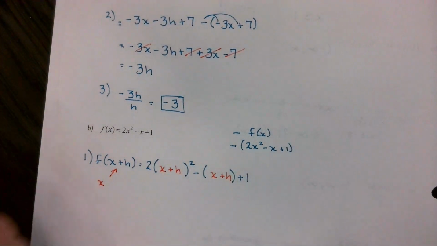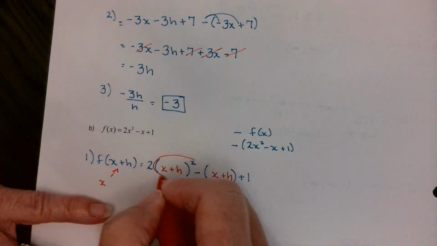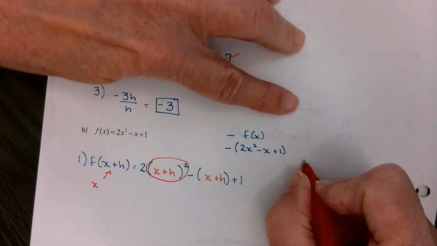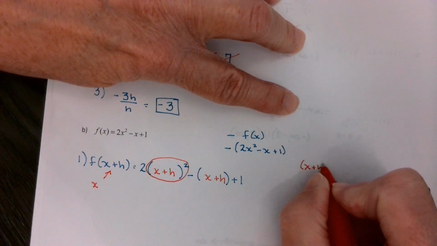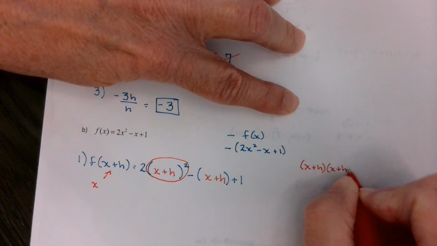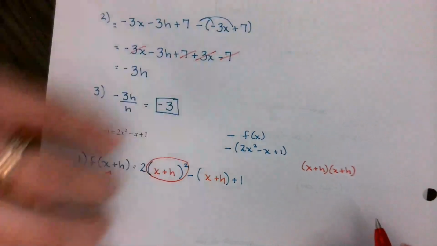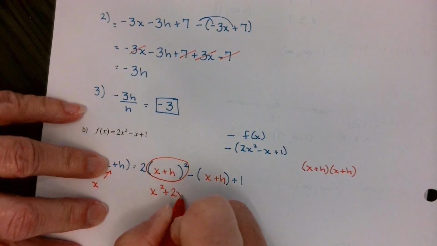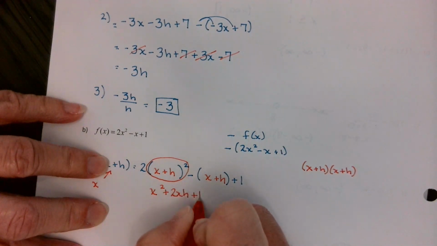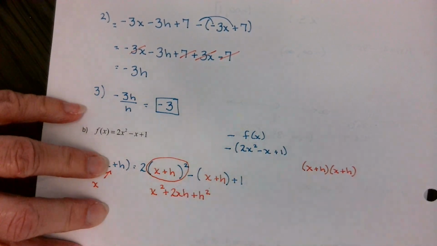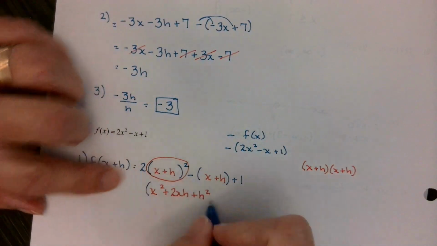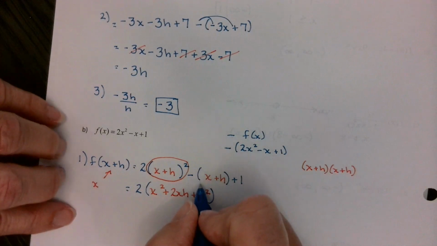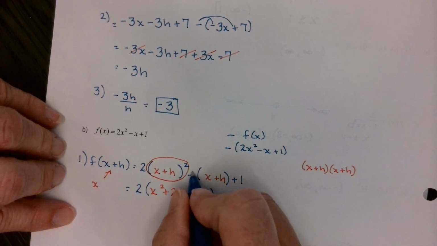Now, this here is the hardest part for some of my students. You can use FOIL and do x plus h times x plus h. I just know what that's going to give me, which is x squared plus 2xh plus h squared. That's what this gives us. Now I've got to multiply by 2. Now, I'm going to subtract this whole thing.